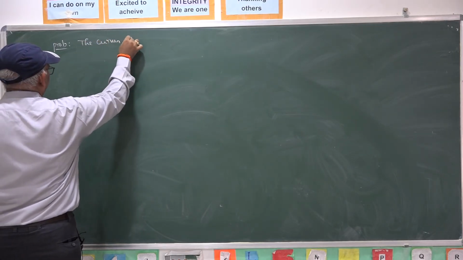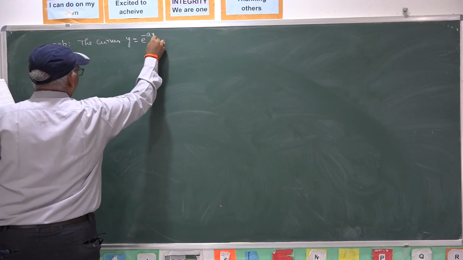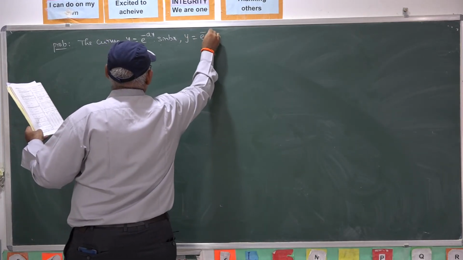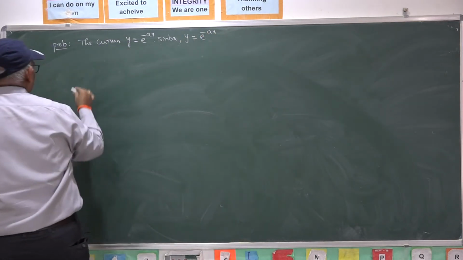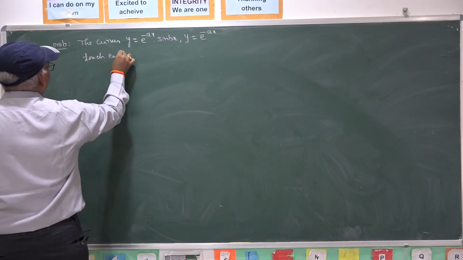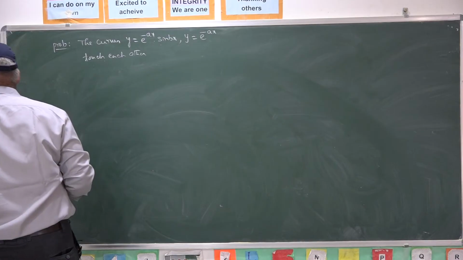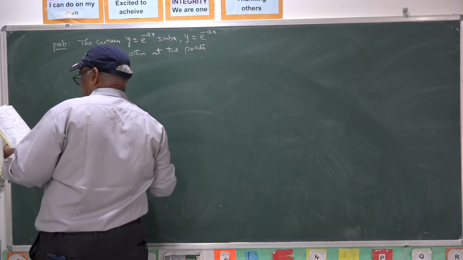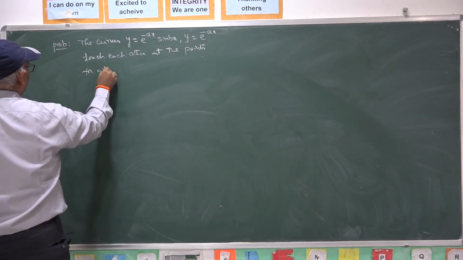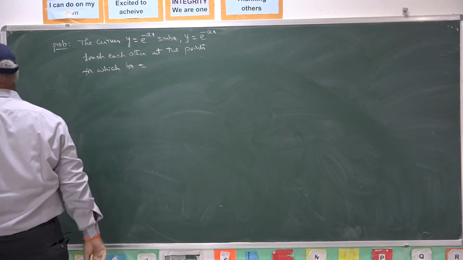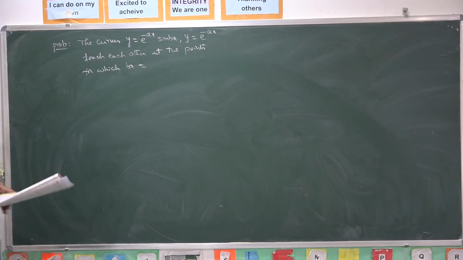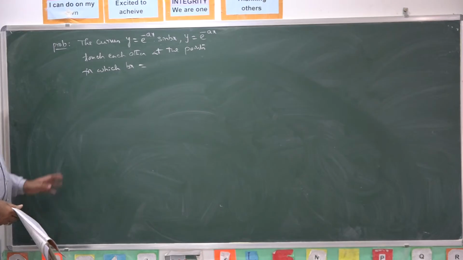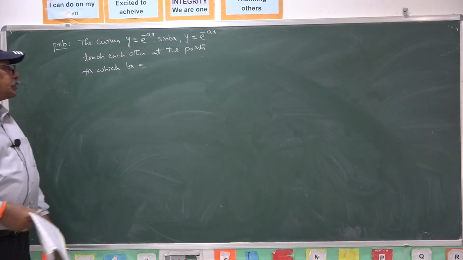The curves y equal to e power minus ax sin bx, and y equal to e power minus ax, touch each other at the points for which bx equal to what?